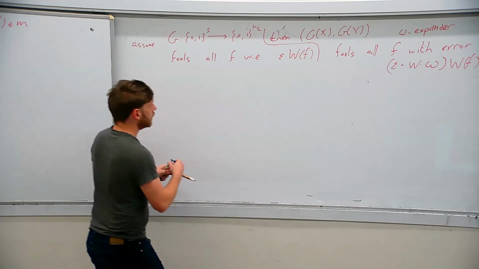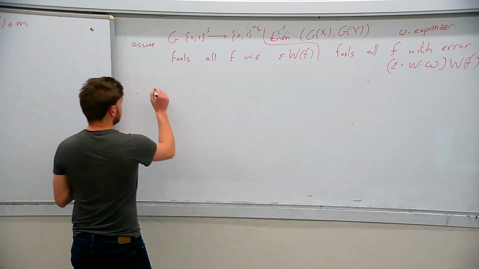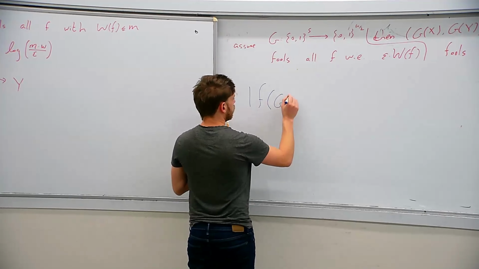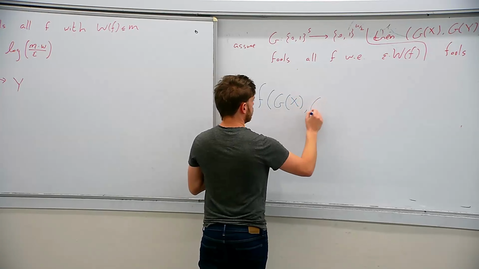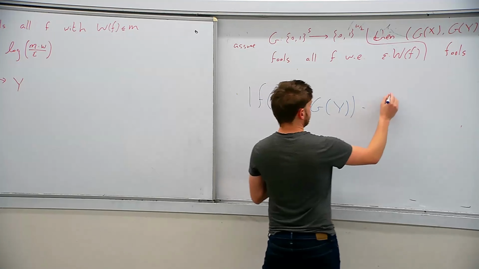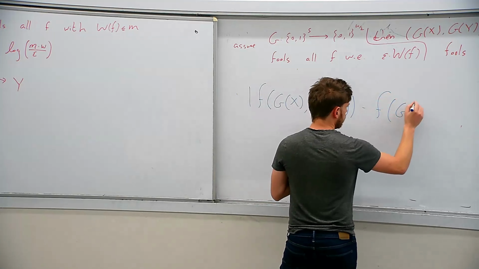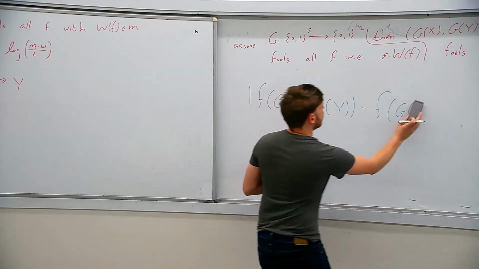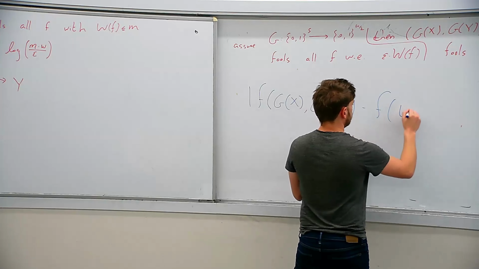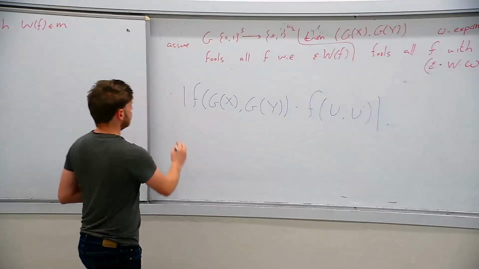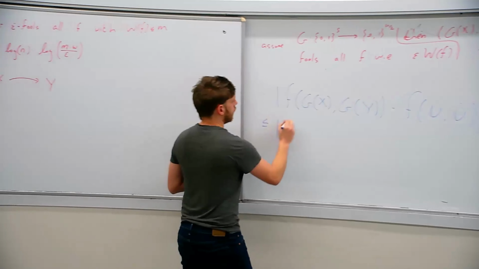Okay, this is what we are going to do. So let's do it as always. We need F of G of x, G of y, compared to F of U. Let's split it into two parts.